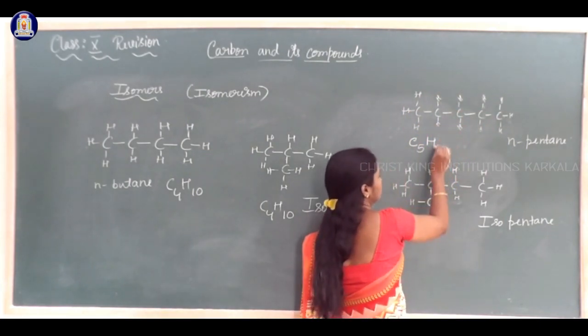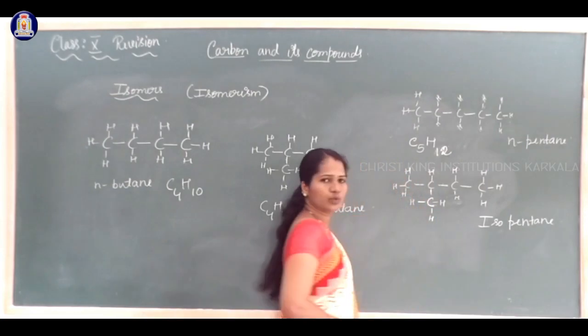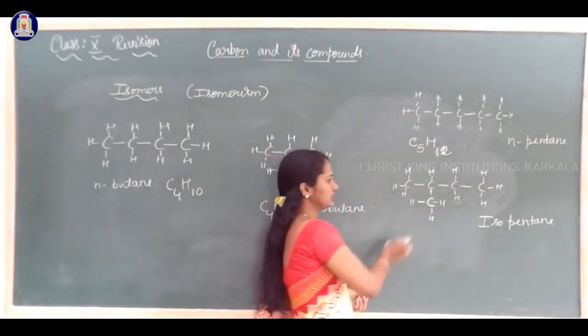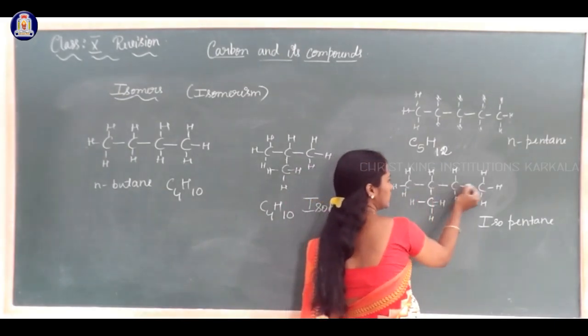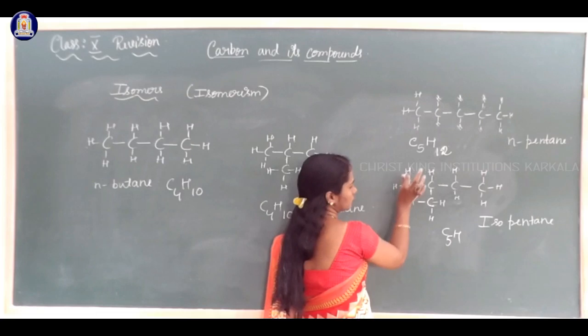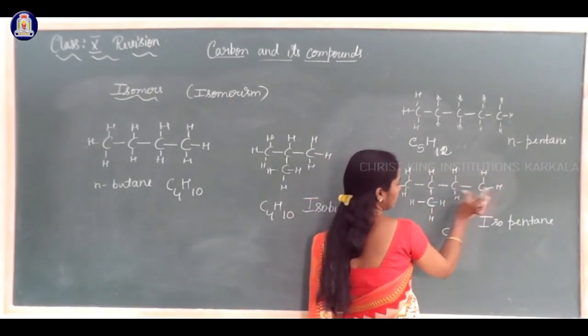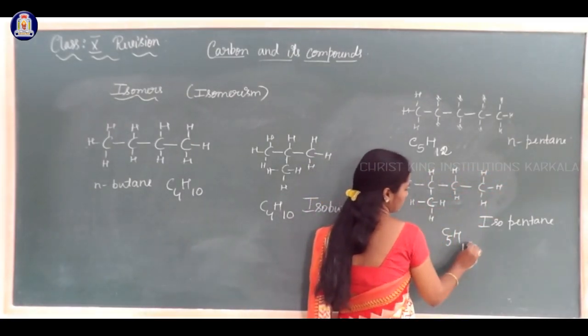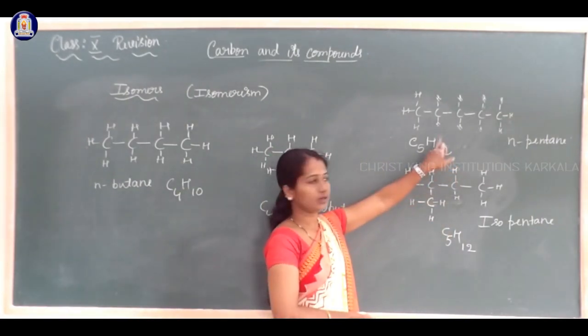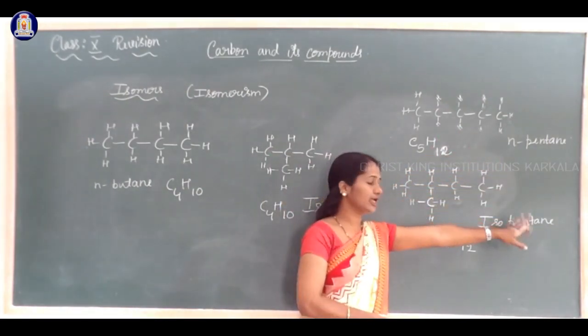So 12 hydrogen, C5H12. The second one, isopentane, also contains 5 carbon and 12 hydrogen. So the formula is the same, C5H12, but this is n-pentane, this is isopentane.